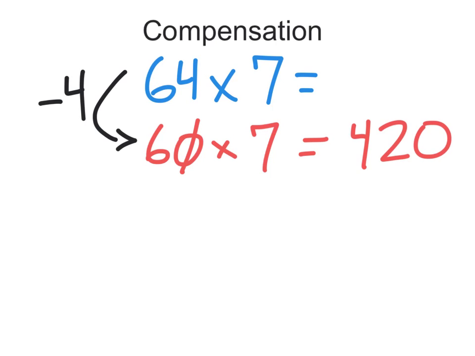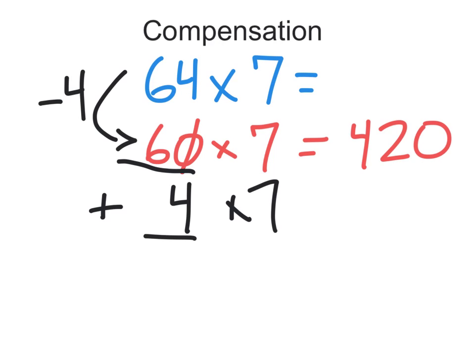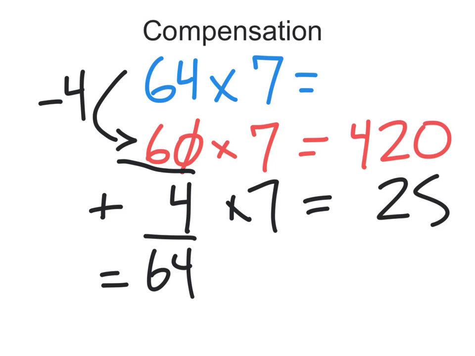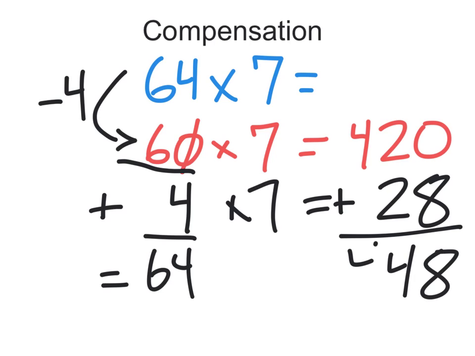So in order to get back to 64, I need to add 4 groups of 7 because 60 plus 4 is 64. So 4 groups of 7 equals 28, and I add that together to get a total of 448.